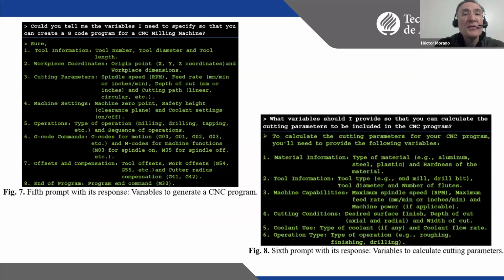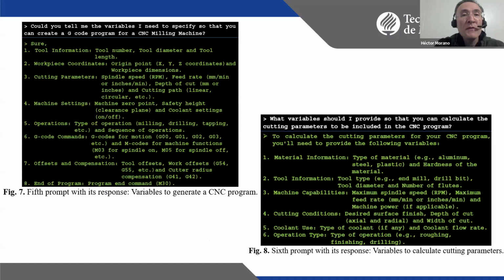Then the second stage aimed to investigate the variables the LLM requires to generate a G code, calculate the cutting parameters, and identify the manufacturing operation it handles. With a fifth prompt we inspected these variables; figure 7 shows this prompt with its simplified response.